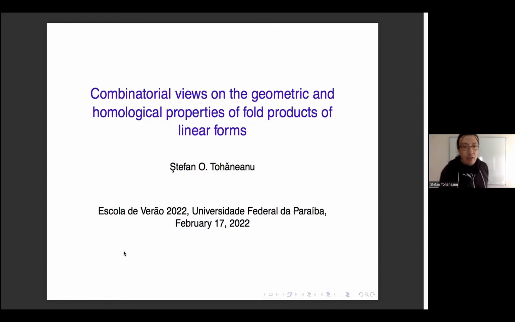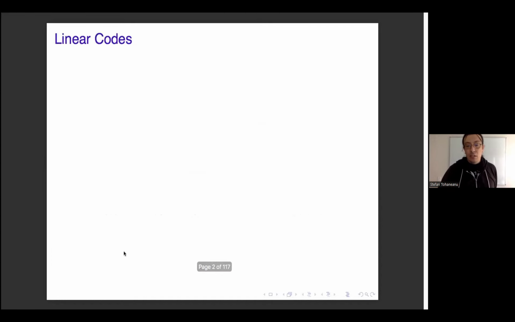I'm going to start by introducing a bit of what initiated this study of fold products of linear forms and ideals generated by fold products of linear forms. And everything started from coding theory.